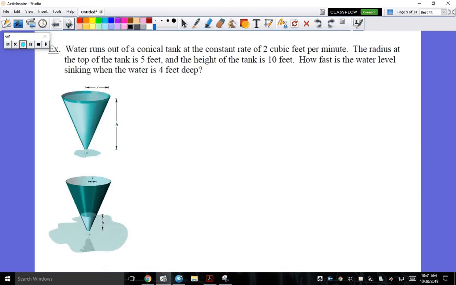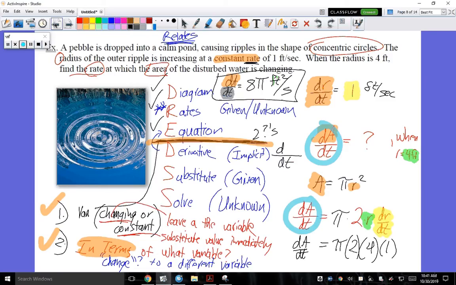Here we go. Real quick, because I like Wilson's question. Real quick. The radius was increasing at a constant rate of 1 foot per second. That means dr dt is 1.